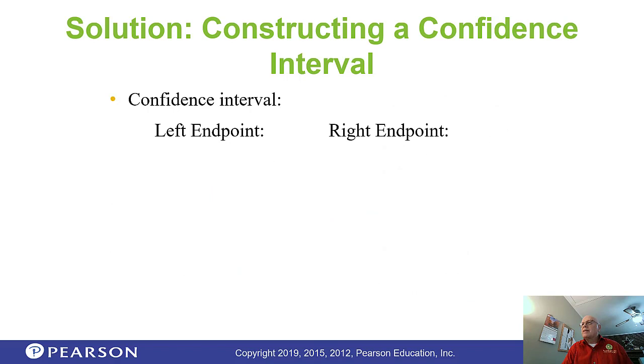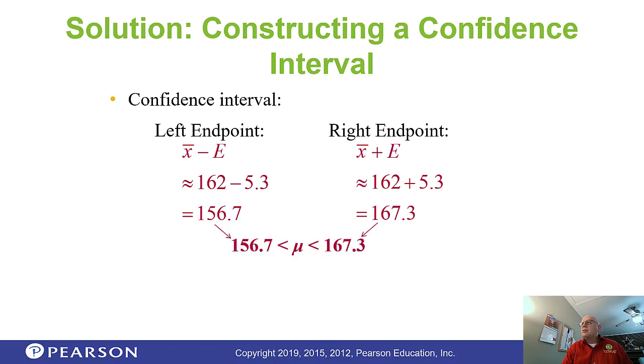So what does the confidence interval look like? Subtract E, the 5.3, from the mean. Add it to the mean, and that's how you get your confidence interval. Remember, the mean we had originally was 162. So we add the 5.3 to it, subtract the 5.3 from it, and there's our confidence interval.